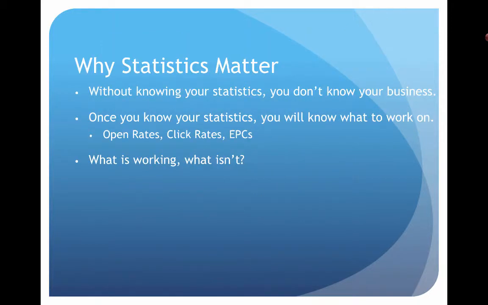So why statistics matter? Of course, without knowing your statistics, you really don't know your business. And the main ones that I just mentioned are open rates and click-through rates, or click rates. EPCs are another one. Earnings per click is probably even more important in the long run because then you'll know how much money you're going to make whenever you send out emails.